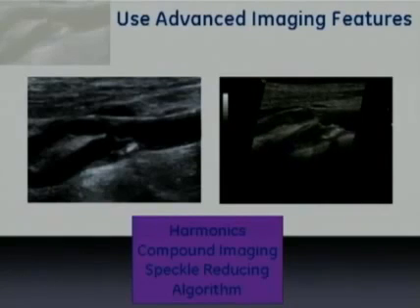I steered the beam just towards the direction or into the direction of the flow, and then increased the gain within the vessel and decreased my frame averaging. And by making some of these adjustments, I'm able to see the flow and really understand the hemodynamics that's occurring and appreciate how tiny this jet is and this tiny residual lumen on this very short segment stenosis.